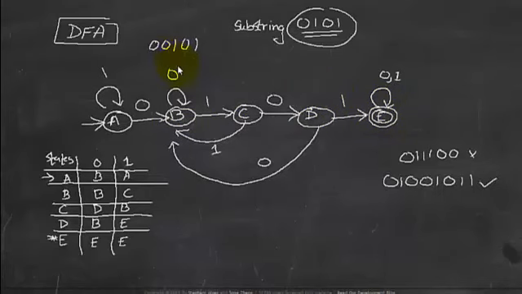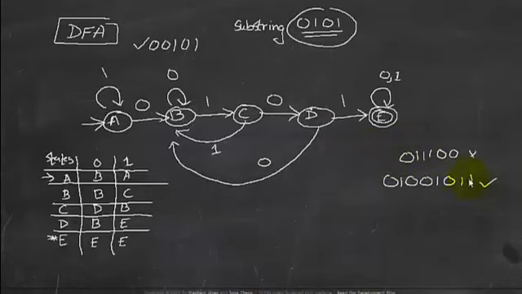To know if your DFA is acceptable or not, it's better to write some example strings that would come from the DFA. For example, here 0, 1, 1, 1, 0, 0 is not accepted because 0101 is not a substring in this string.